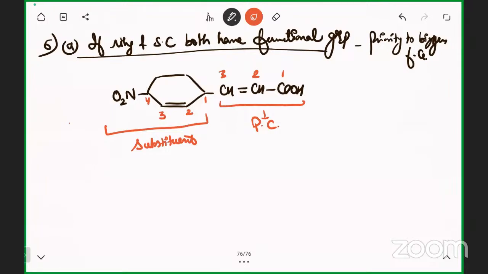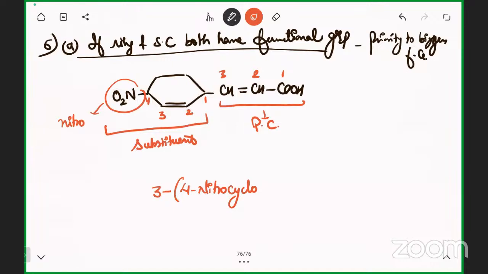On the fourth position, we have nitro. Okay, now you'll write the name. On the third position, we have this substituent, so it will be 3, then 4, nitro, 6 carbon is present, and cyclic, then cyclo.